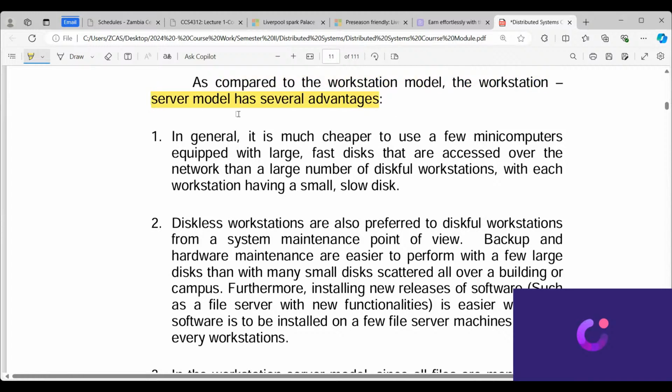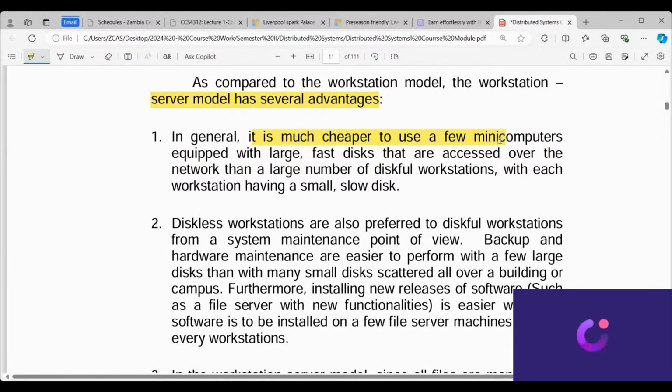These include, in general, that it is much cheaper to use a few large fast disks that are accessed over the network than a large number of diskful workstations, with each workstation having a small slow disk.